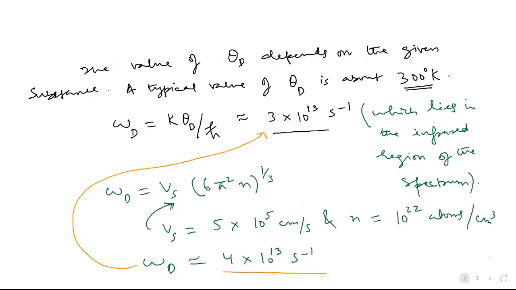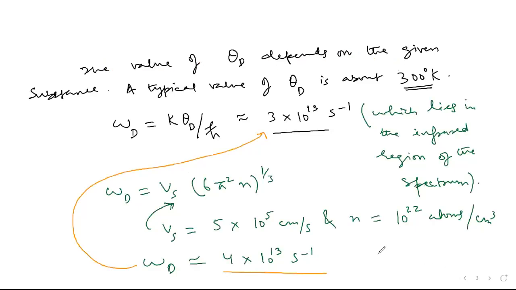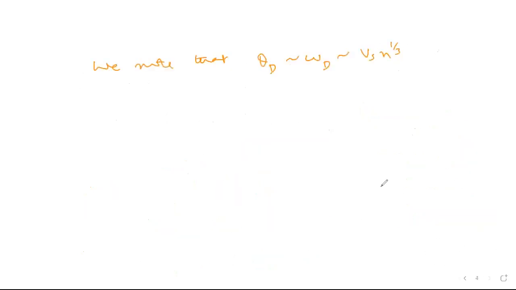You can see theta D can be written approximately equal to omega D if we throw away these constants, and omega D itself can be approximated with Vs n raised by 1 over 3 from this equation, if we drop this (6 pi square) to the 1 over 3 constants.